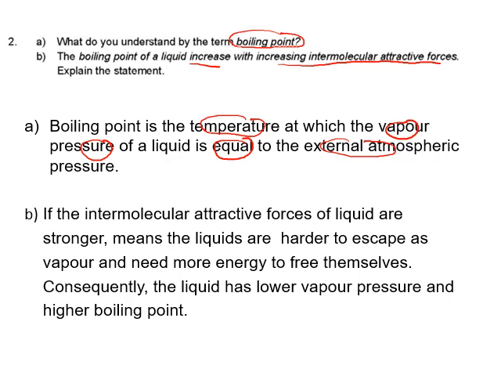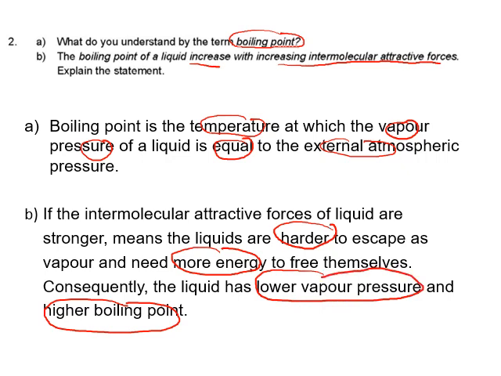Why? Because it is harder for the liquid to escape as vapor. They are going to need more energy to free themselves. So when they need more energy to free themselves, the boiling point will be higher. And at the same time, this liquid will be considered as having lower vapor pressure.